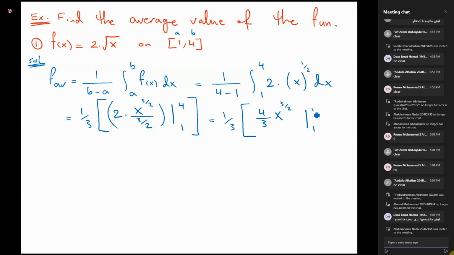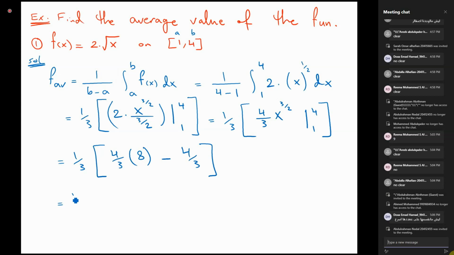Now substitute 4: we have 4 over 3 multiplied by radical 4, 2 to the power 3, 8, minus substitute 1, we have 4 over 3.